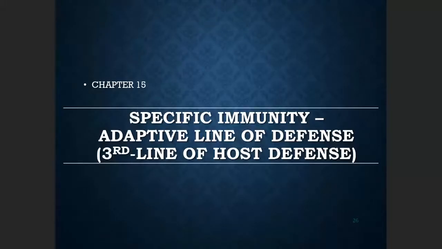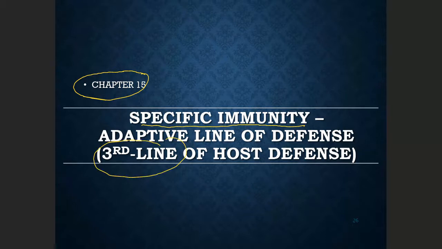Okay, so that's chapter 14. In chapter 15, we actually talk about the third line of defense. It's called specific immunity, which is the third line of the host's human defense mechanism.